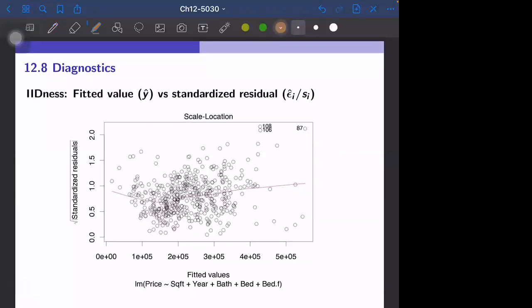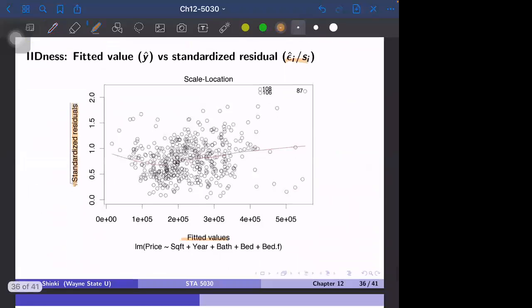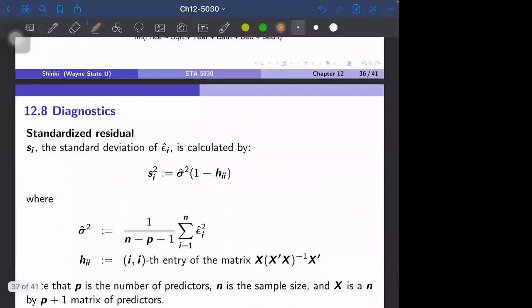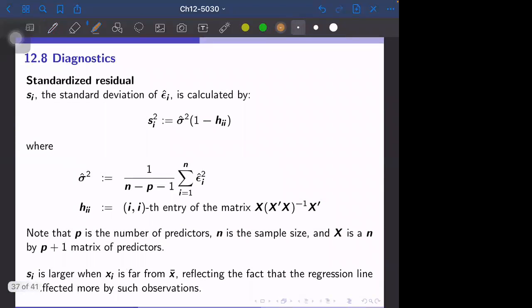Here the vertical axis is the standardized residuals. It's slightly different. And the standardized residual is defined as this.